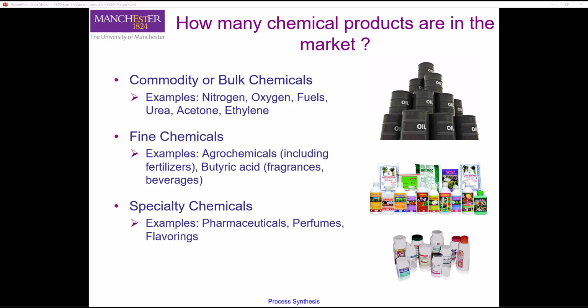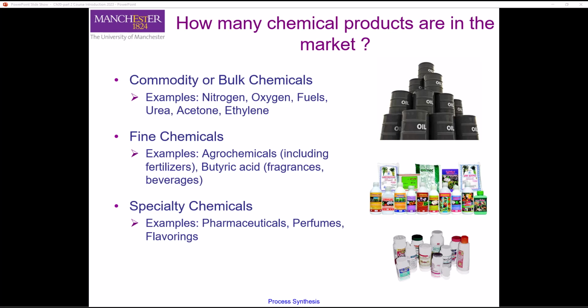Even a simple chemical such as a mosquito repellent that we use at our home, or domestic cleaners. All these chemicals are rarely bought on their chemical composition. We mainly look at their function, like how effectively they clean or how effectively they repel mosquitoes. So it is the function of these chemicals that determines their price rather than the chemical composition.